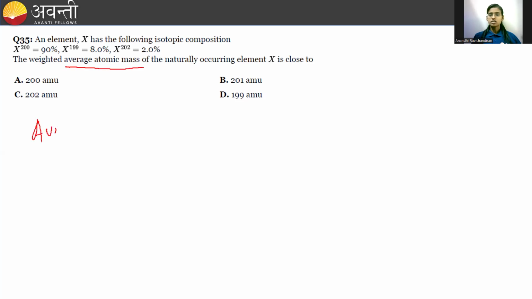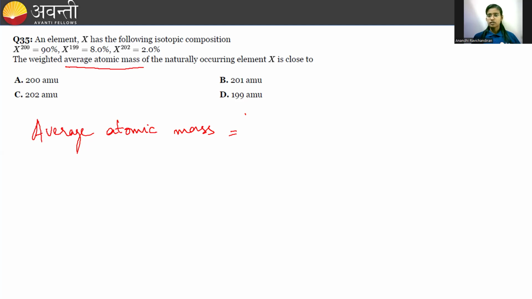So we are asked to find out the average atomic mass. The average atomic mass can be calculated using one formula. It is the sum of the mass into percentage composition of all the isotopes divided by 100. Okay. So we have 3 isotopes.